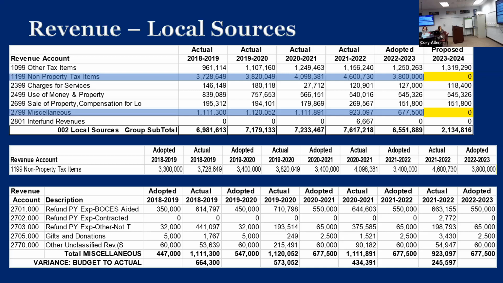The next aspect, 2703, refund prior year expense other than transportation. So again, types of items that this would fall under that we typically allocate revenue to is what they call E-rate funding. So we spend money for technology related items, okay, that qualifies for E-rate. We work with BOCES to determine what those pieces are. And then depending upon the amount we spend, we receive a certain amount back. Okay?